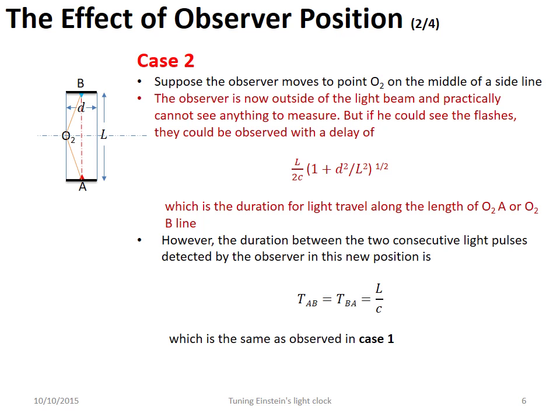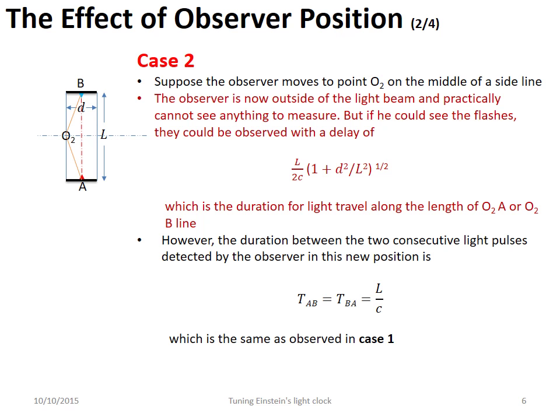But if he could see the flashes, they could be observed with a delay of L divided by 2c times square root of 1 plus d squared divided by L squared, which is the duration for light travel along the length of O2A or O2B line.